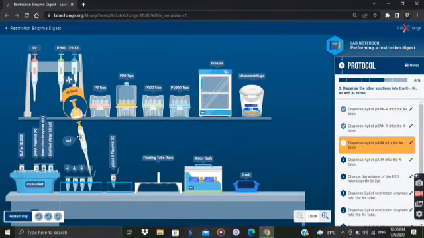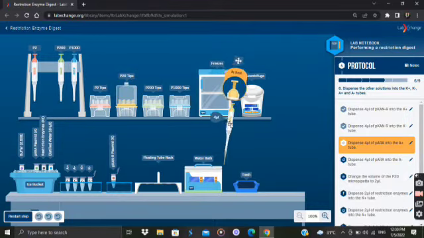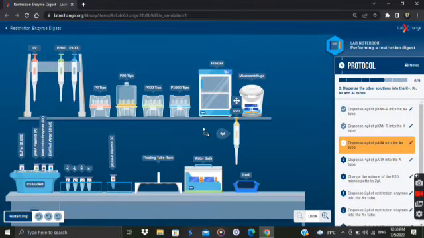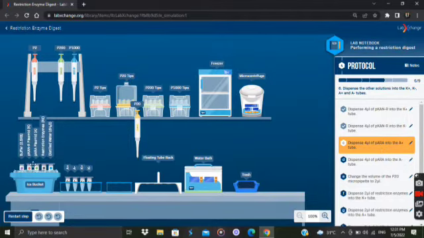So we are going to close these tubes and eject the tip of the micropipette into the trash, because we are going to dispense 4 microliters of pARA into the A positive tube, and we are going to put this buffer away.